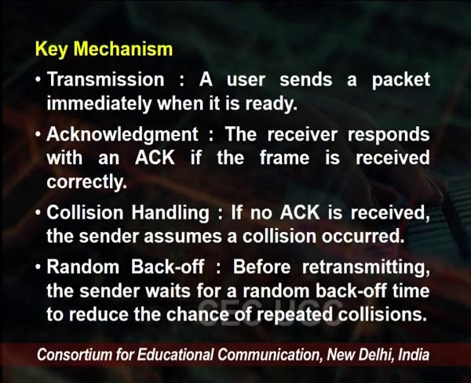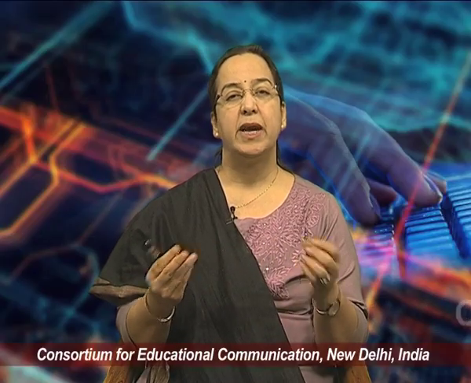Random backoff says that before retransmitting, the sender waits for a random backoff time to reduce the chances of repeated collision. That means there is no fixed time, because if the time is fixed, then let us say packet A collided with packet B, and both stations have sensed the collision.